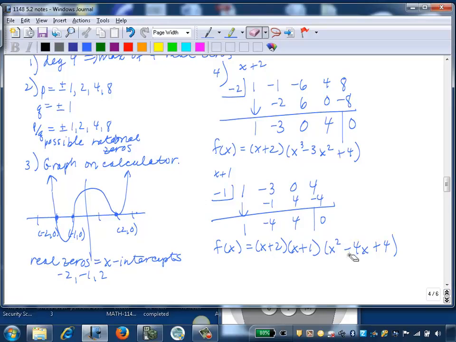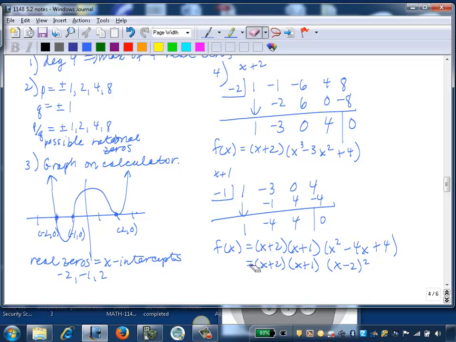So now, once we're down to a quadratic depressed polynomial, once we do synthetic division and break it down into a quadratic, we don't need synthetic division anymore. We can just try to factor or use the quadratic formula if we have to. So let's see if we can factor this, and this does factor. So I'll bring down my x plus 2, x plus 1, and now we can see that this is going to factor into x minus 2 squared.